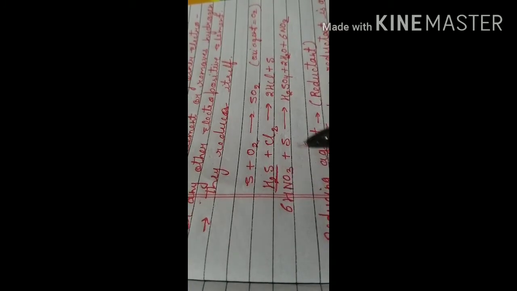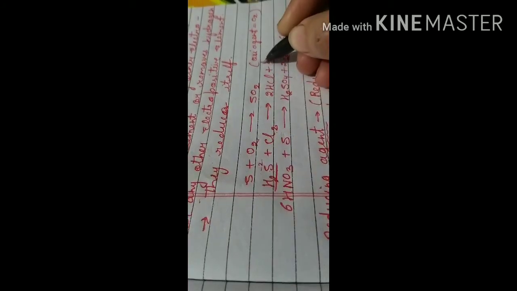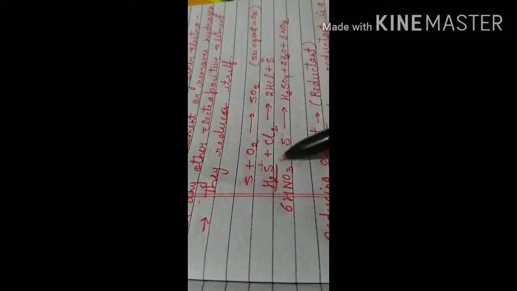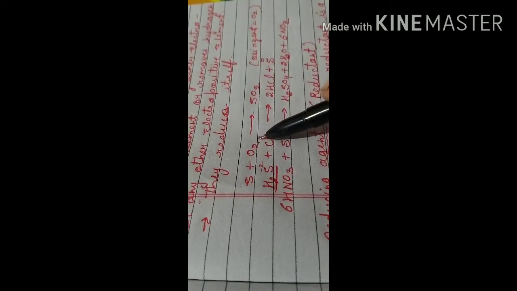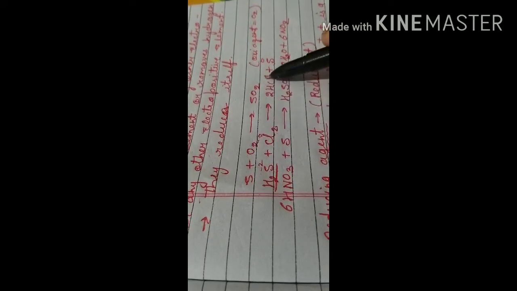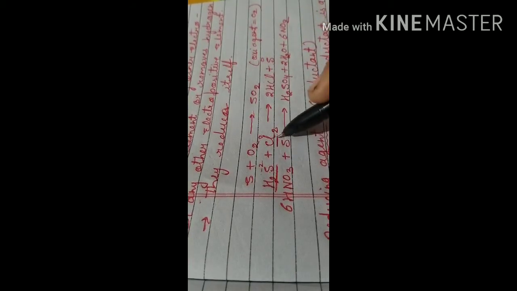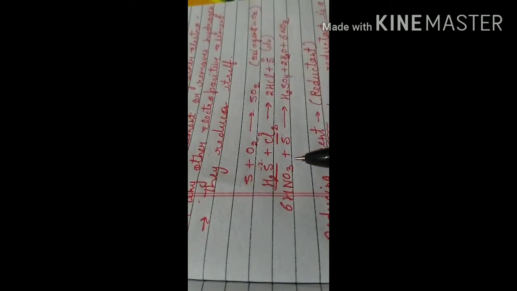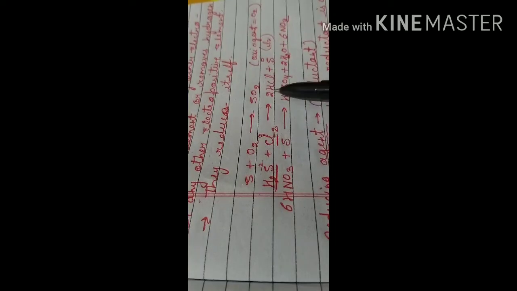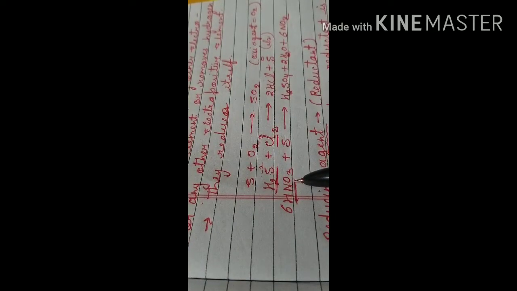In H2S, the oxidation state goes from -2 to 0, so here the oxidation is taking place, and chlorine goes from 0 to -1, so it is reducing itself. So here the oxidizing agent will be chlorine. You have to know that. Because it is going to reduce itself, nitric acid will act as an oxidizing agent because it provides oxygen for the oxidation.